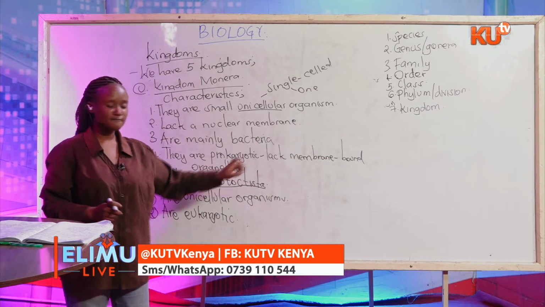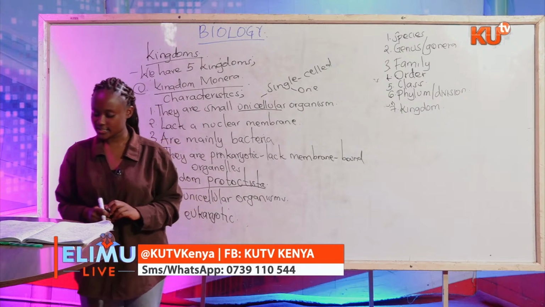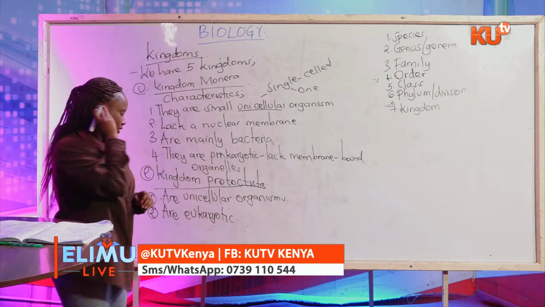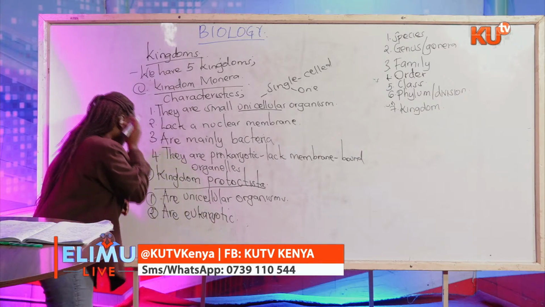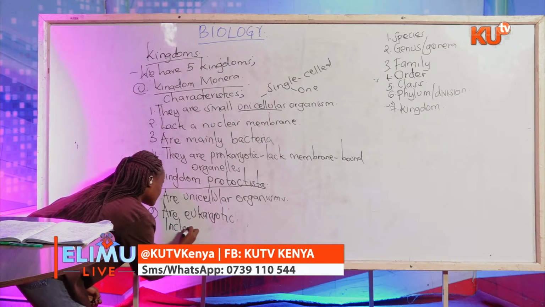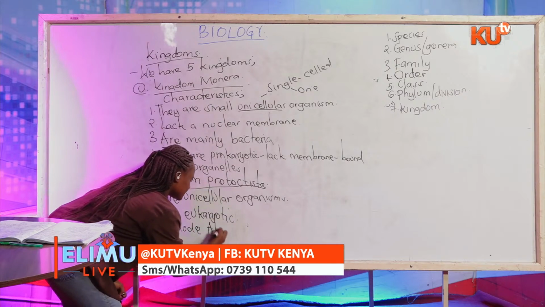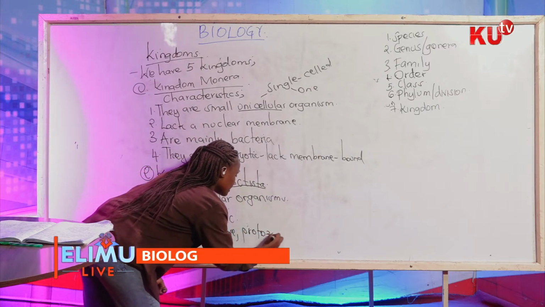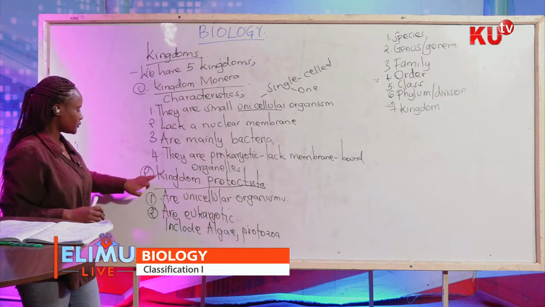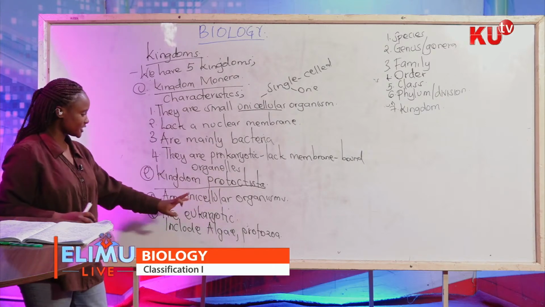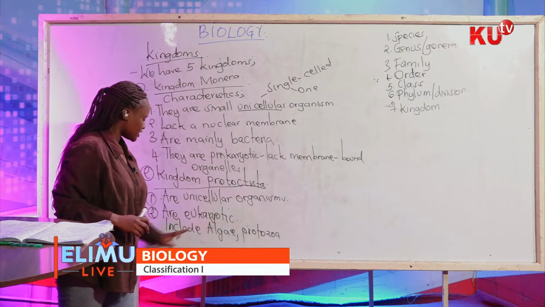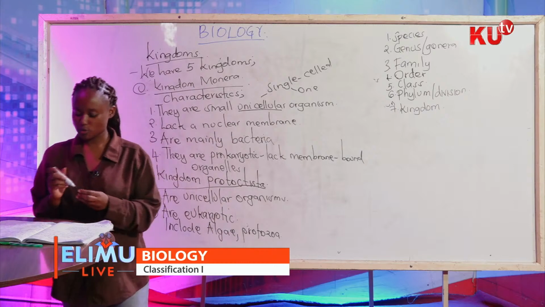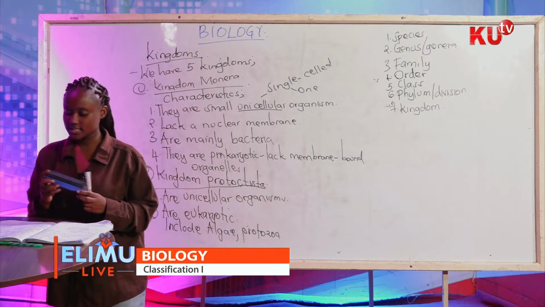And they include algae and protozoa. Kingdom Protoctista are unicellular organisms, eukaryotic, and they include algae and protozoa. Now we go to our next kingdom, that is Kingdom Fungi.